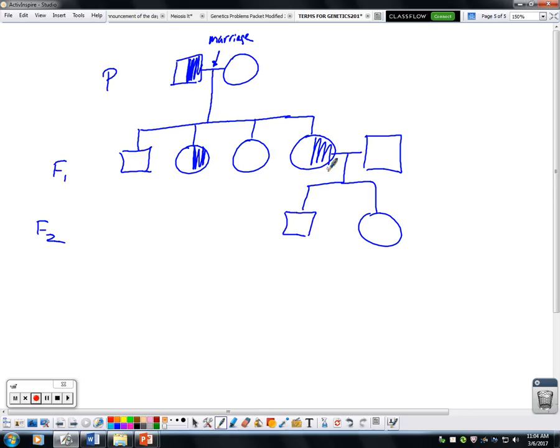She could have gotten half the shaded from her father and the unshaded from her mother. Right? That's possible. Is this possible? No, of course not, because the mom can never give the other shaded half. Only one half could ever be shaded. Mom's got to give the other half. It's like the big T, big T. Do they ever give the little T to have a non-taster? No, because mom's always going to give the big T. All right, so that would not be possible. Those are the kinds of things, or what is possible offspring that possibly happen. Those are the kinds of questions you would have about a pedigree.